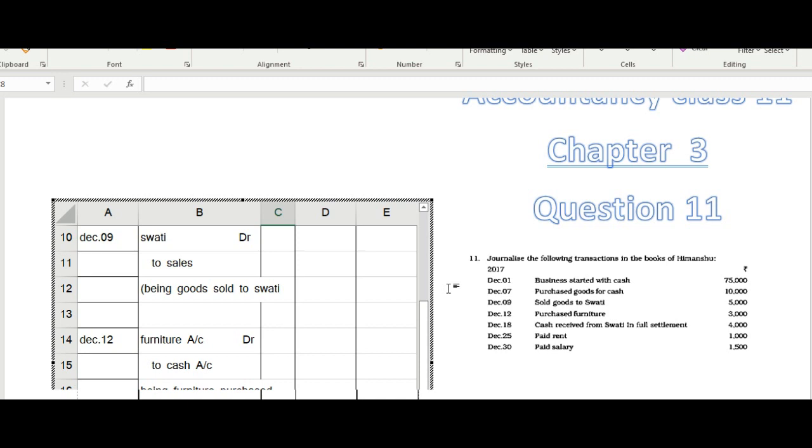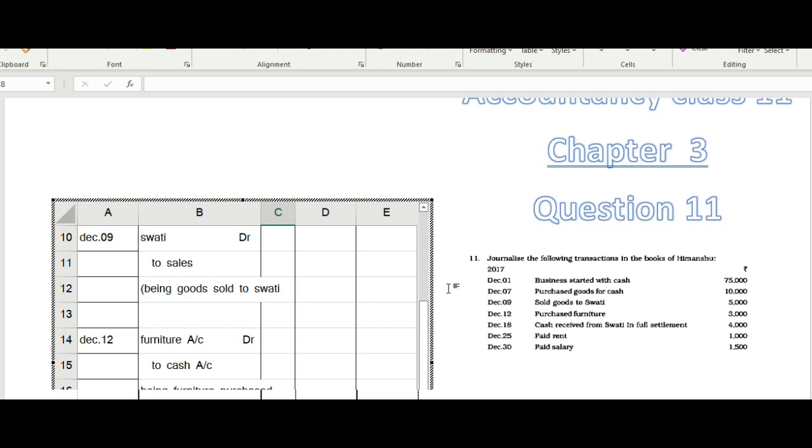In this transaction, the question tells us sold goods to Swati, which means sold goods to Swati on credit. If names are given in the question, we can assume that the goods were sold on credit.